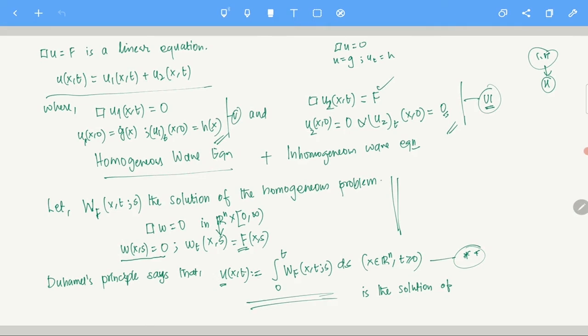So if you take the Laplacian of u, it becomes the Laplacian of w_f. The D'Alembertian of w is w_tt minus the Laplacian of w, right? So w_f double derivative tt minus the Laplacian of w_f, that is 0, right?